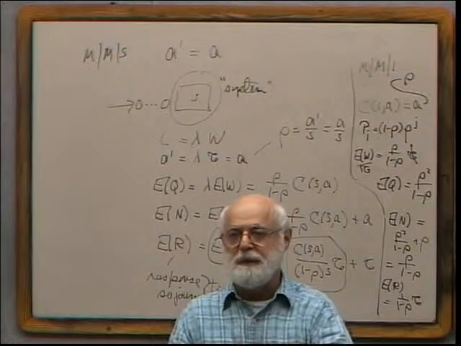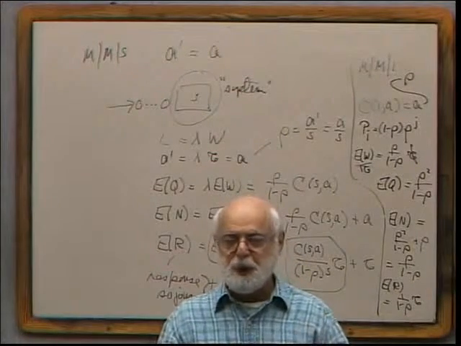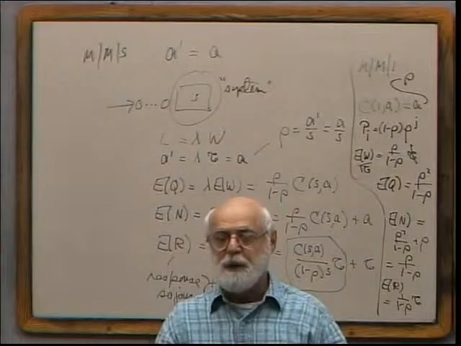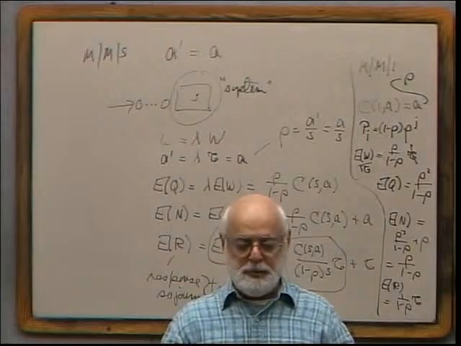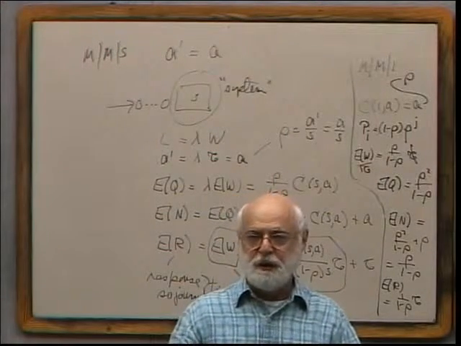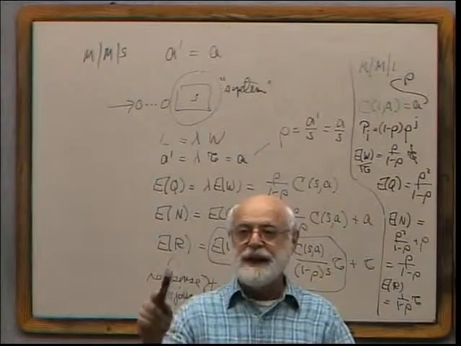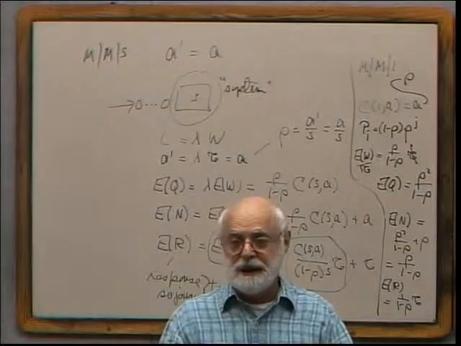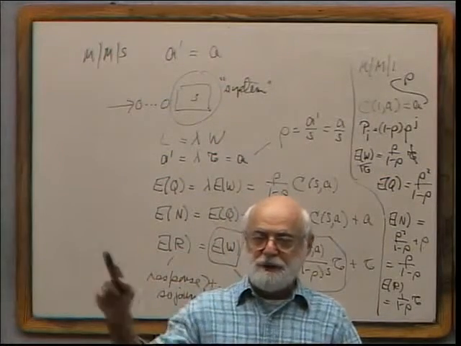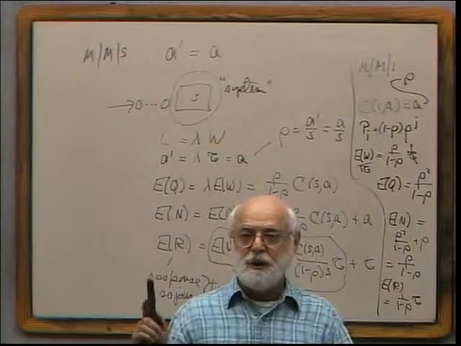Some people call that system time. My convention is to call the waiting time what you wait in the queue for service to begin, and the time it takes to flow through the system, I call sojourn time or response time.